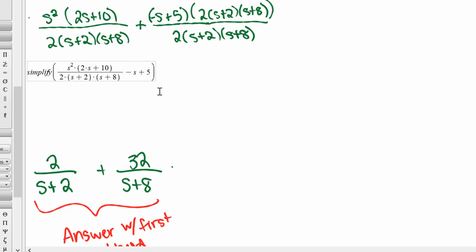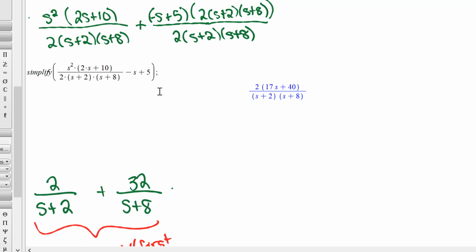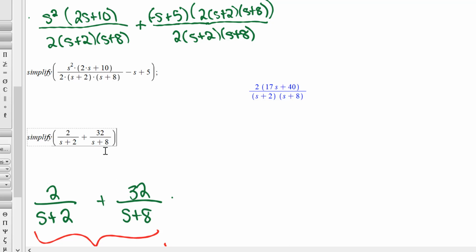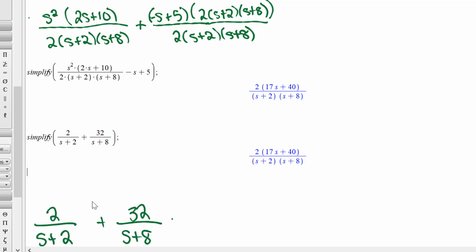So I'm going to see if Maple will, I'm just trying the simplify command to see if it will give it to me as one fraction. Okay, this is what we get. It's combining it. This is the answer we got with the first method. And so I'm just going to try the simplify command on that as well. And hopefully it's the same. Yep. So look, it's the same whether we did it using the differentiation property or without.